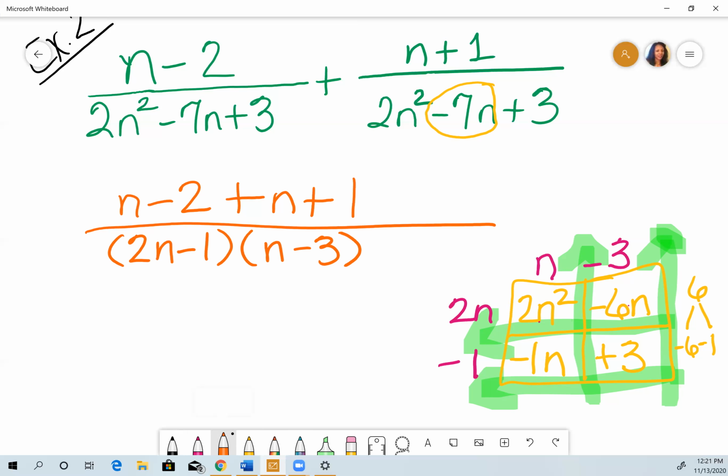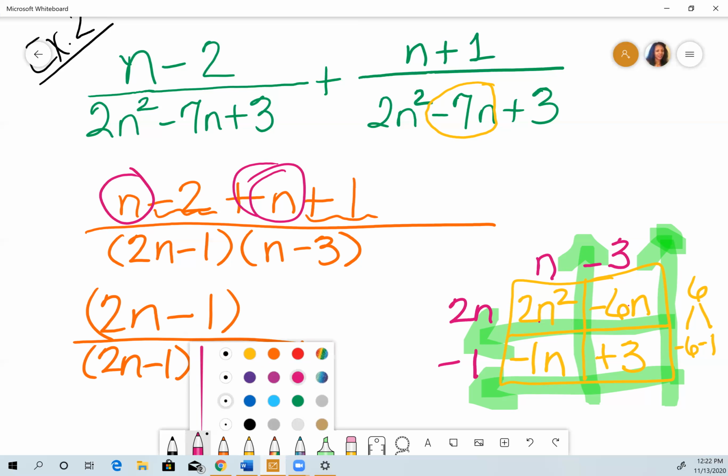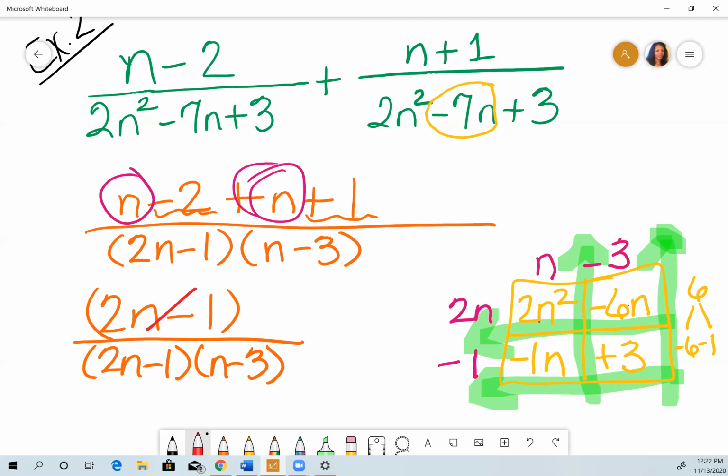Now what I want to do is go back and combine my numerator. So I have an n and another n. So n plus n is going to result in 2n. And then I take the negative 1 plus 1, and that's negative 1. Now, if I divide it by my common denominator, my denominator that's already there, I notice that I can go ahead and take away this 2n minus 1 and this 2n minus 1 because it's the same thing.